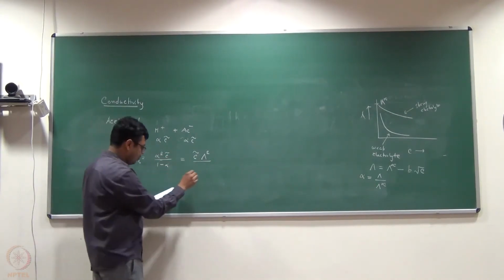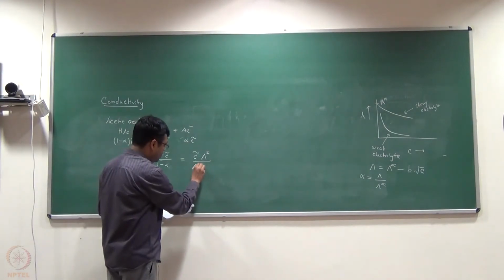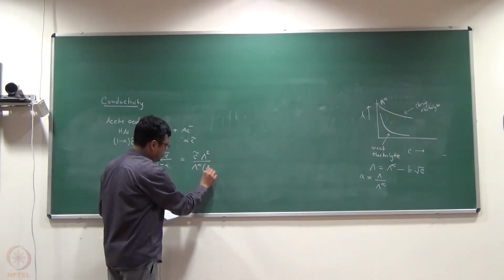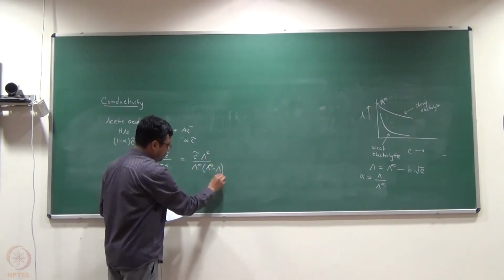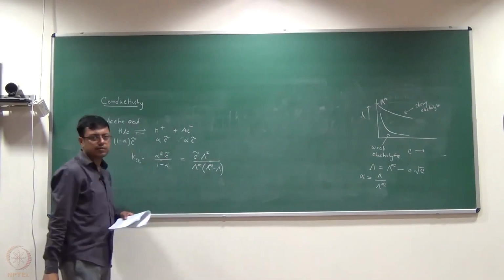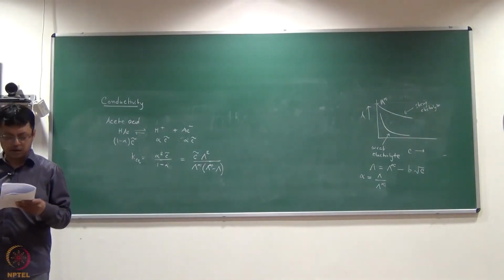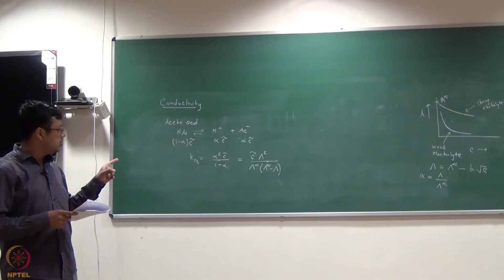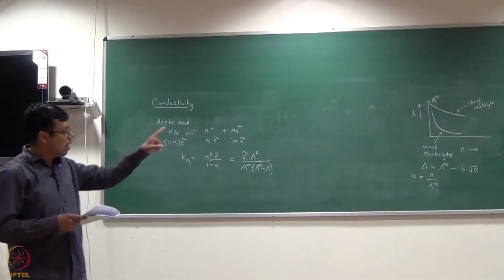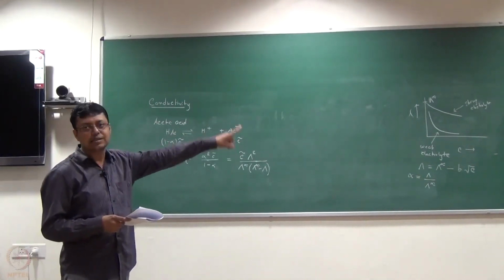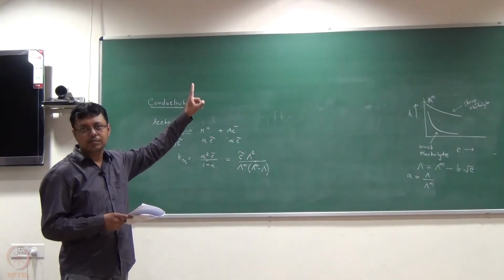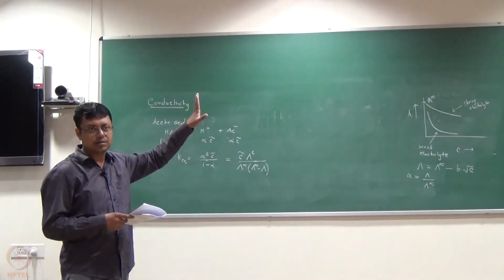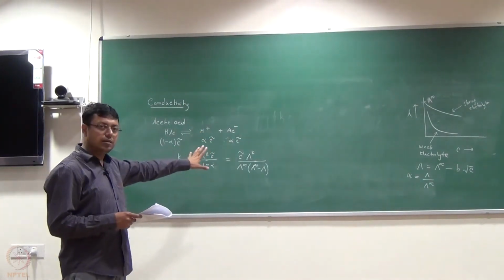So that thing will get multiplied. This is just after rearrangement. Clear? Now, the interesting thing here is, how will you get the extrapolated value? That was the initial problem, right? For weak electrolytes. Now, I can actually solve it.